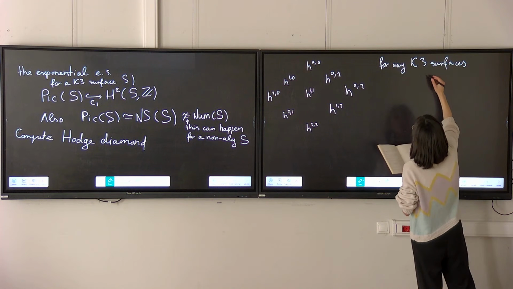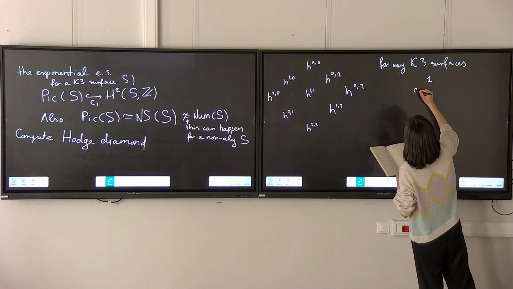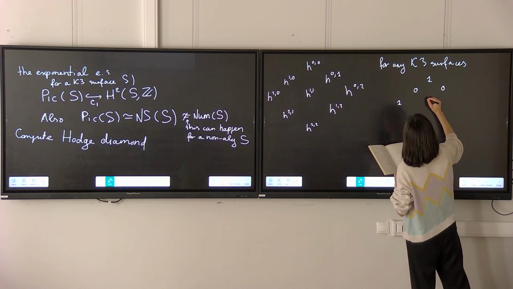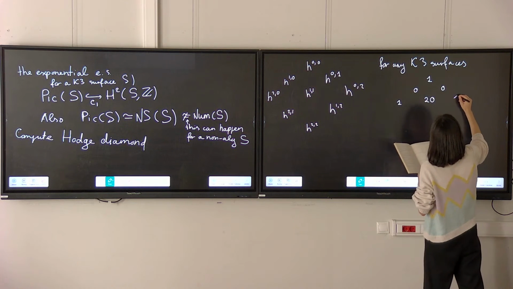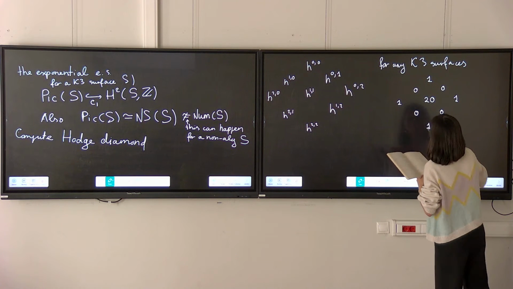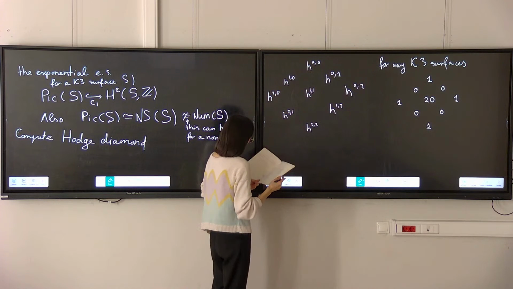So for a K3 surface, the Hodge diamond looks in the following way. Okay, so this is the statement.